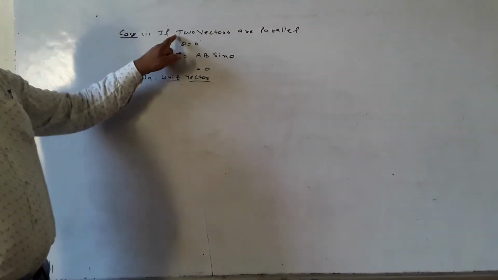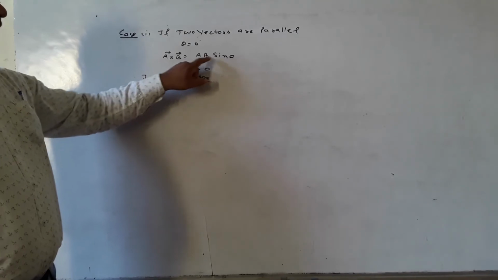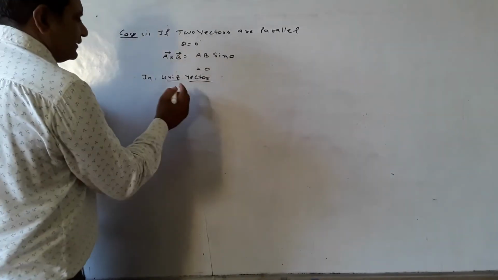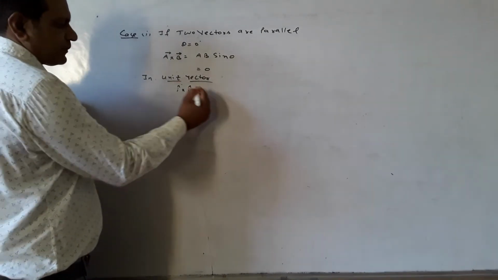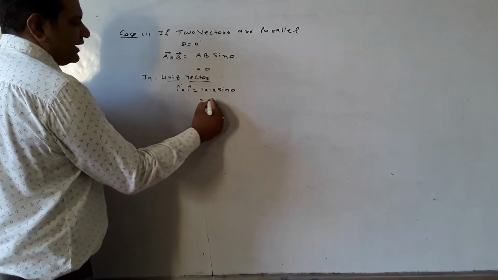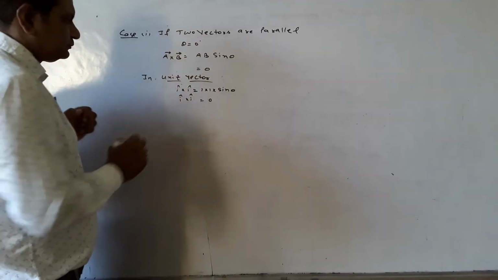Now the case is, if two vectors are parallel, theta is 0 degrees, A cross B is AB into sin 0, it will be 0. In terms of unit vectors, I cross I has magnitude 1 into 1 sin 0, it will be 0.